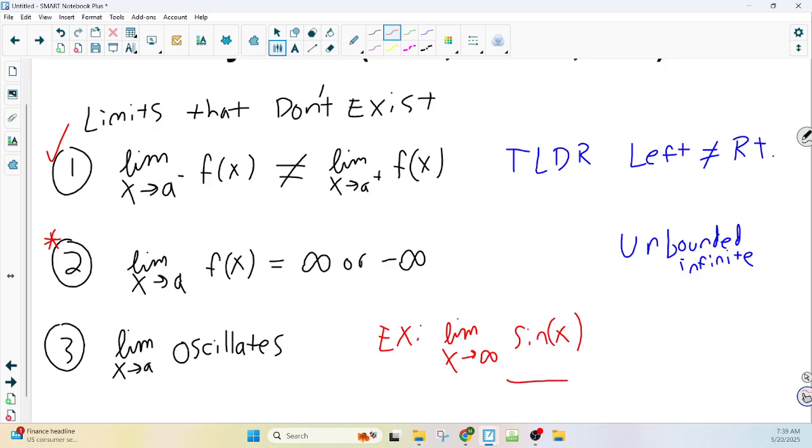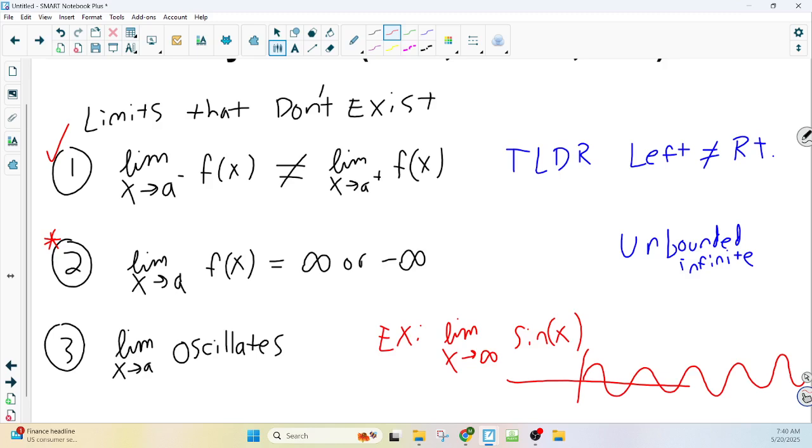This is the graph of sine of x, right? As we go to infinity, we could stop this ride at any point. We don't know whether it's going to be at a 1 or at a negative 1 or at a 0. We have no idea. As x gets bigger, y doesn't hone in on anything. It's just up to positive 1, down to negative 1, up to positive 1, down to negative 1. So if the limit as x approaches a oscillates, that's a third type.